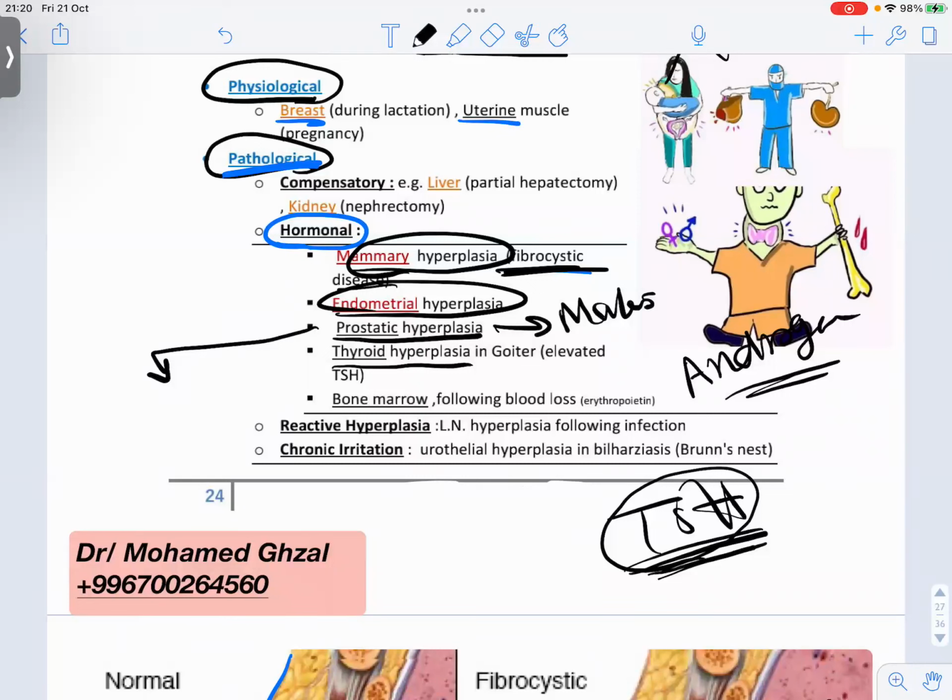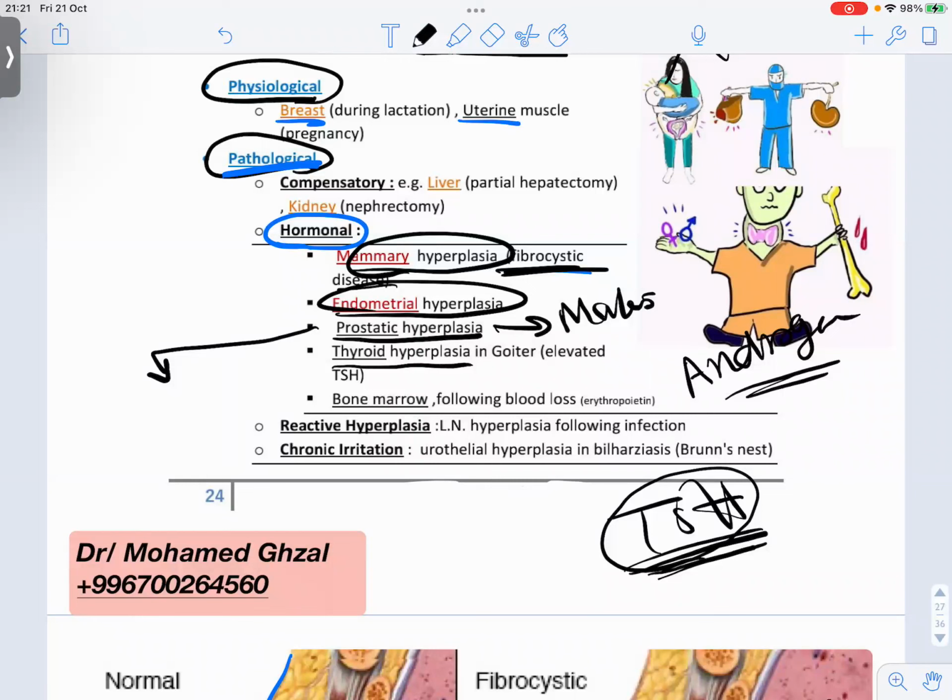Hormonal hyperplasia in women is more dangerous than in men. In women, we know that estrogen can cause physiological hyperplasia within limit if estrogen is in normal range. But if estrogen is increased, it can cause mammary hyperplasia or endometrial hyperplasia, and both of them, unfortunately, are precancerous.